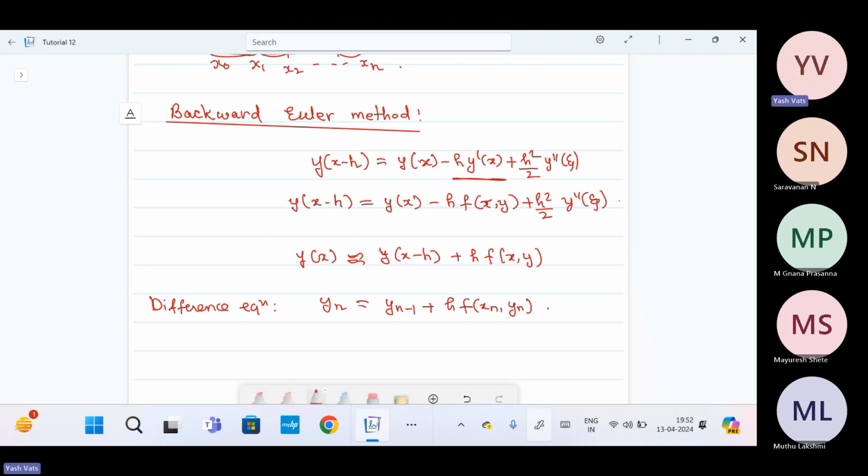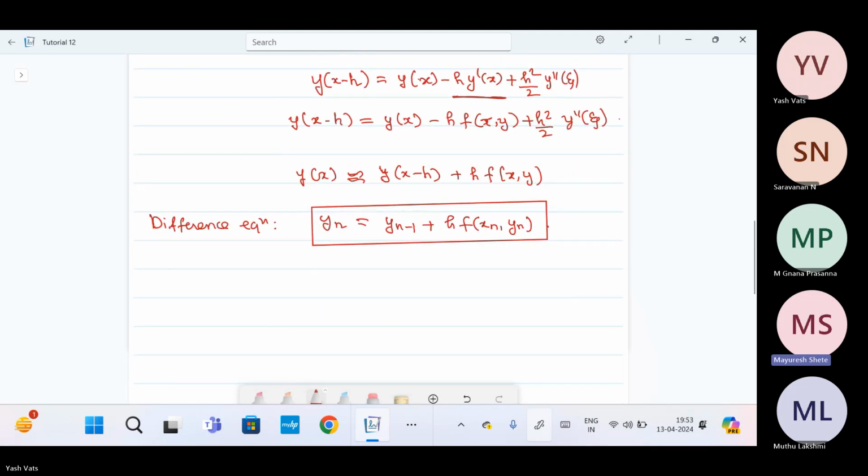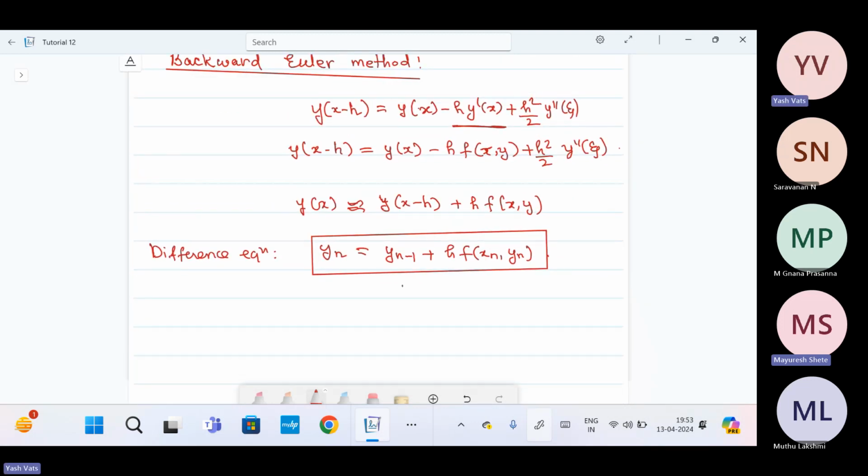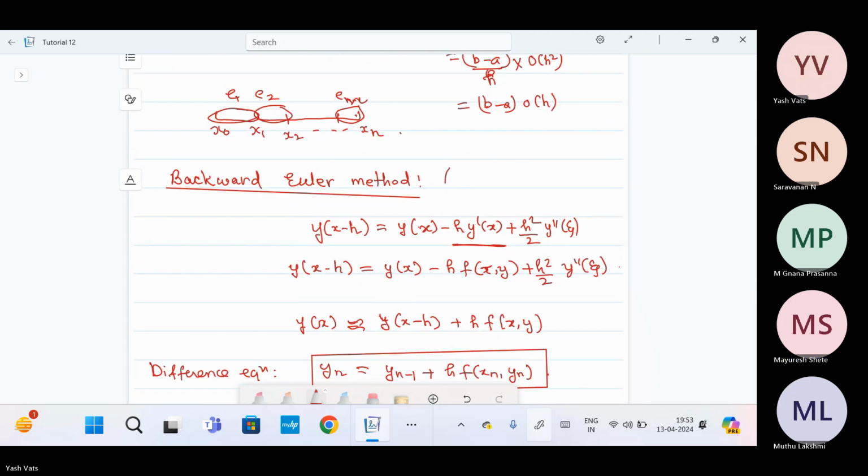So is it an explicit method or an implicit method? And what is the local truncation error, and the global? This will be an implicit method, because the right and left sides both have the nth term, so it has to be solved in every step. So this is implicit.